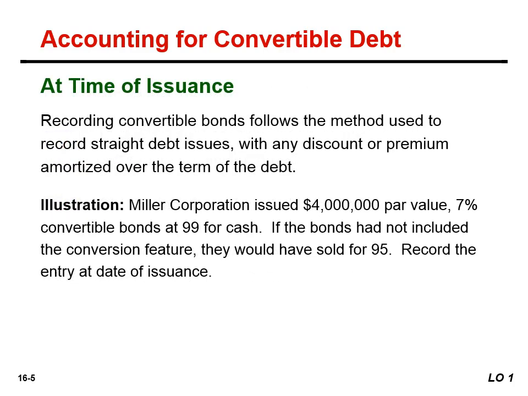Okay, accounting for convertible debt. Well, first things first. At issuance, this is nothing but debt with a right to possibly change over in the future, which means you record convertible debt as a straight, boring debt issue, just like the last chapter, just like Chapter 14, with any discount or premium amortized over the life of the debt.